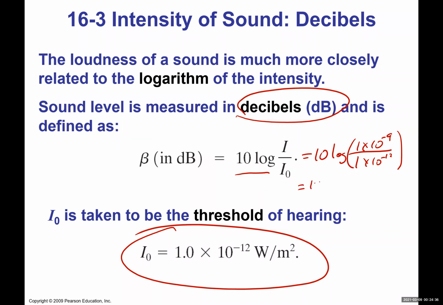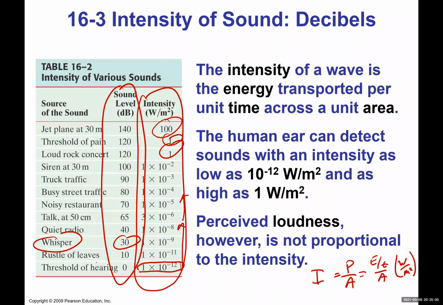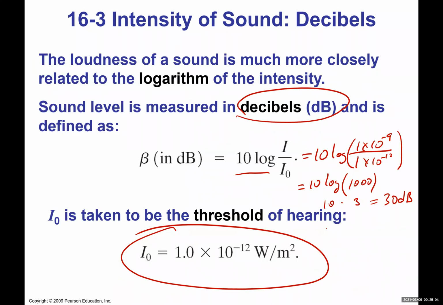That just gives us 10 to the 3, or 1000. Log of 1000 gives us 3, and then 10 times 3, we get 30 dB. That's what we have here, 30 decibels for the whisper.